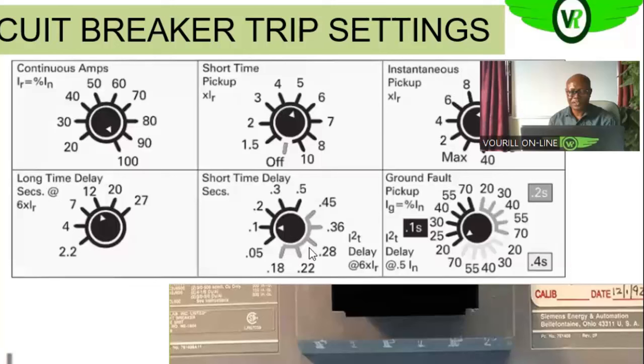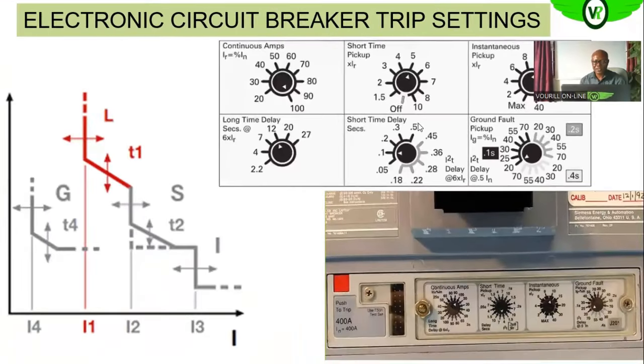So what is the amount of time? 0.18 seconds, 0.28 seconds, 0.22 seconds, and 0.45 seconds. And as we said earlier, the magnitude of the current will determine the trip time. We expect it to trip earlier if the current is very, very high.